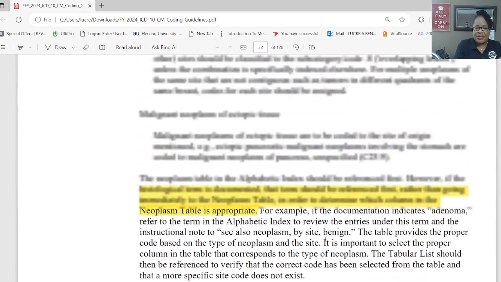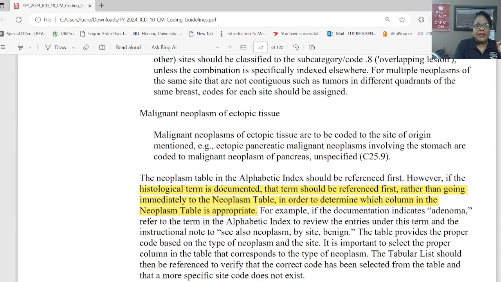So with that, I want to emphasize here, histological term that describes the type of cancer, refer to that first. And so I wrote down a couple of them because I've seen adenosis, cyst, dysplasia, polyp. All of those could lead to a cancer or a neoplasm code.